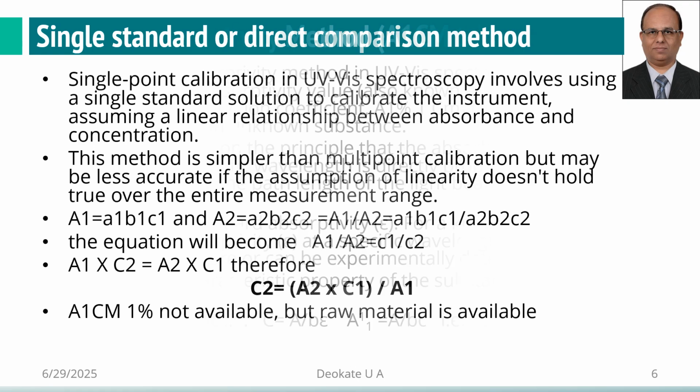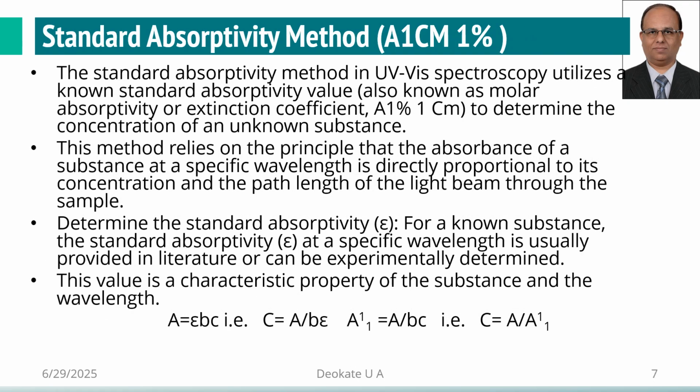The second one is your standard absorptivity method, where the A1% 1 centimeter value is available, or the epsilon value or absorptivity values are available in the literature. The standard absorptivity method in UV visible spectroscopy utilizes known standard absorptivity values, also known as molar absorptivity or extinction coefficient, or A1% 1 centimeter values, to determine the concentration of unknown substances.